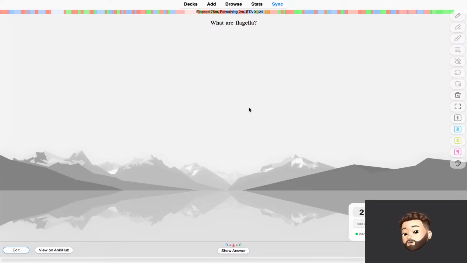What are flagella? Flagella are structures involved in cell motility, and they accomplish this by spinning or flailing, generating the force for movement.